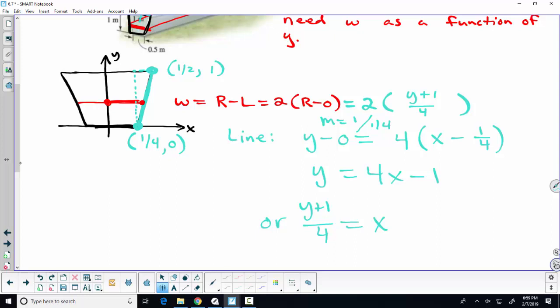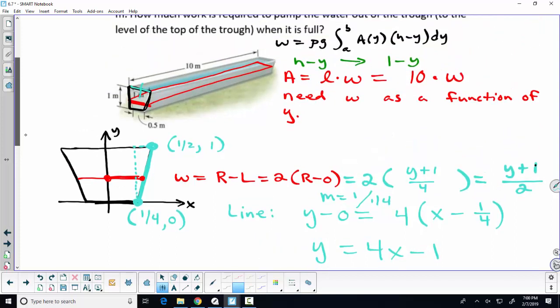Think of the width here as 2x. Yeah, so we have to multiply that by 2. And that does give us, so now we have the width of the trough as it varies in terms of y.